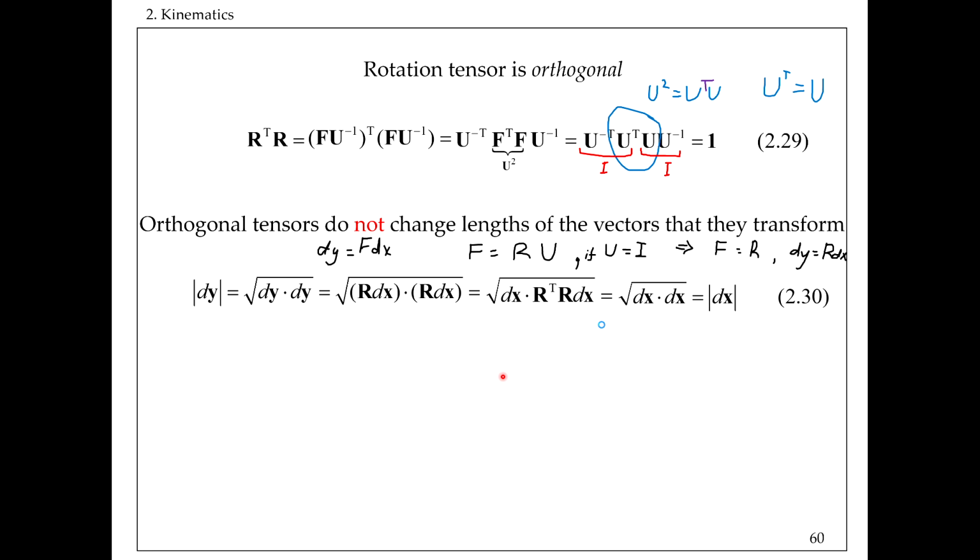Now we can calculate the determinant of R, based on the same formula that we had, F equal to RU.